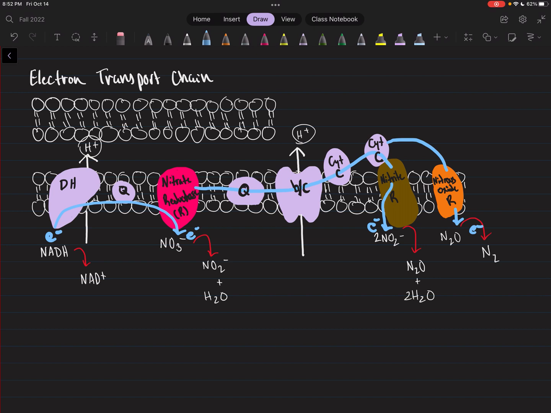This would be the end of the electron transport chain that then goes to fuel ATP synthase to produce all of its ATP.